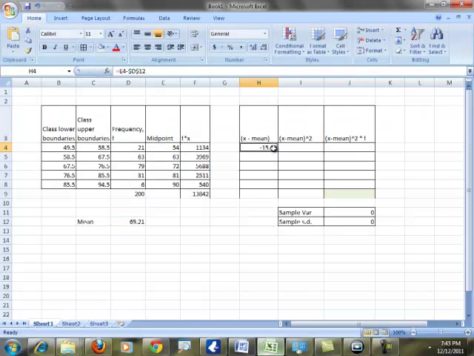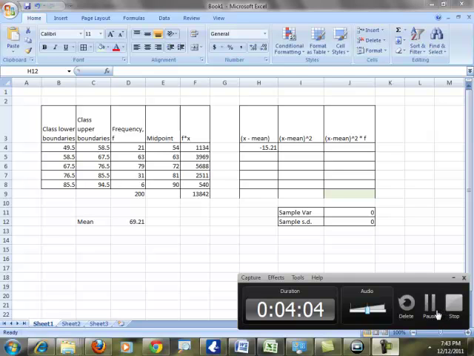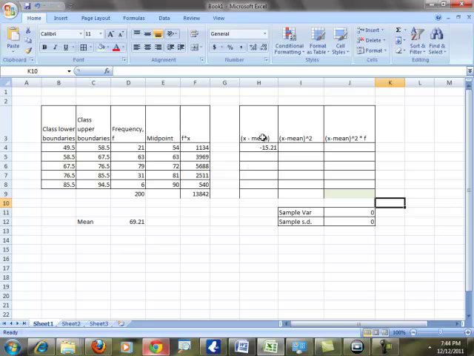So when we drag it down here, oh, my mouse is not cooperating. Okay, I don't know what's going on, but yeah.